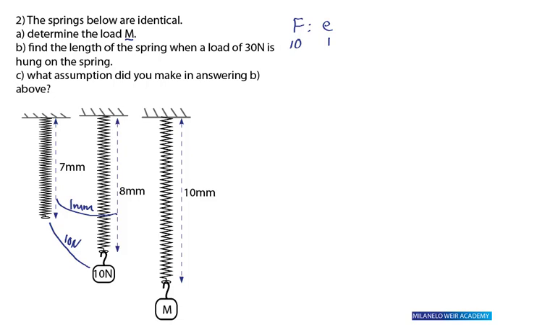Now, to find M, the load, we need to ask ourselves, what is the extension from 7 all the way to 10? 10 minus 7 is 3. The load is unknown to us. That's when we cross multiply because they are directly proportional.